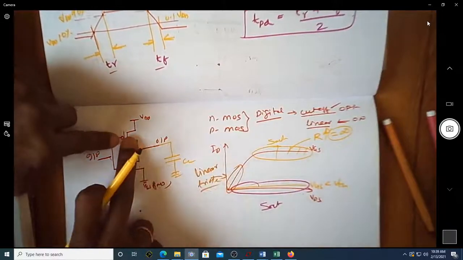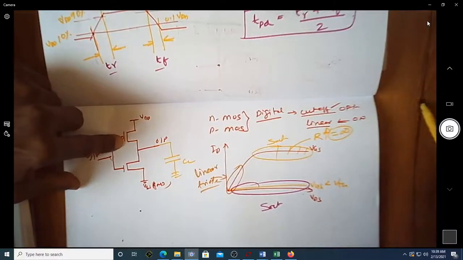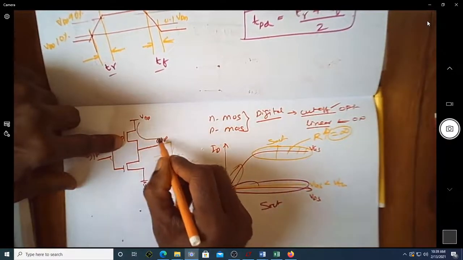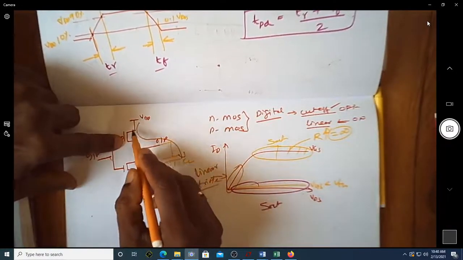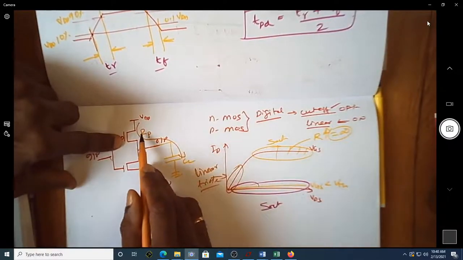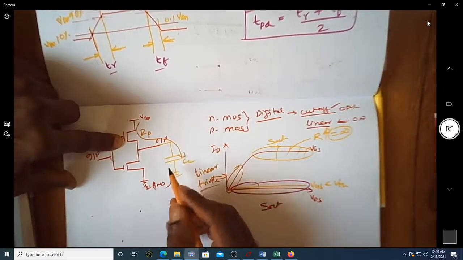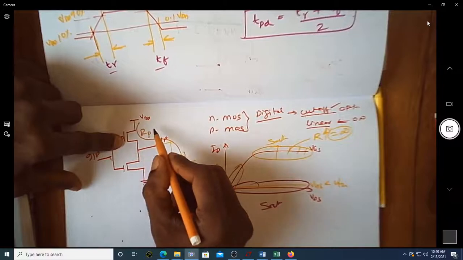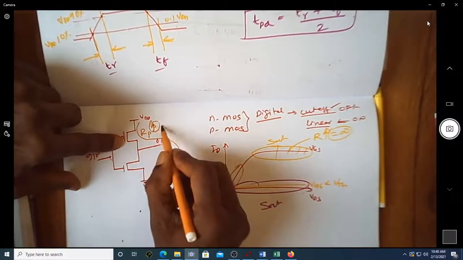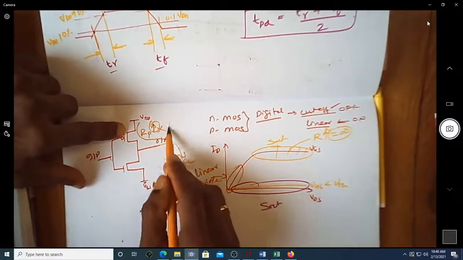If the capacitor has to charge to VDD through this resistor, which we call RP, and the resistance is very high, it takes a very long time for the capacitor to charge. The value of RP should be as small as possible.